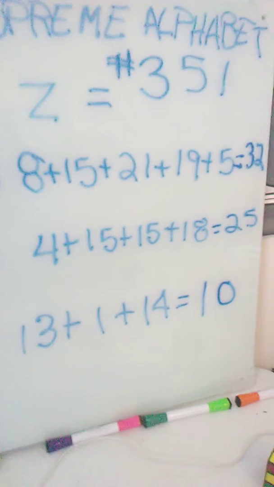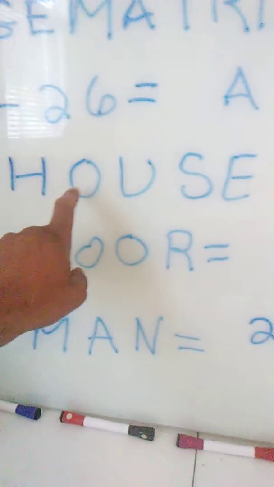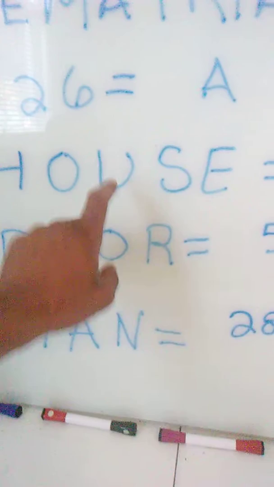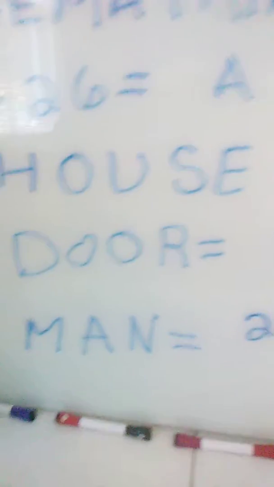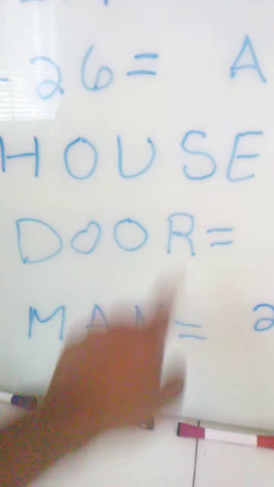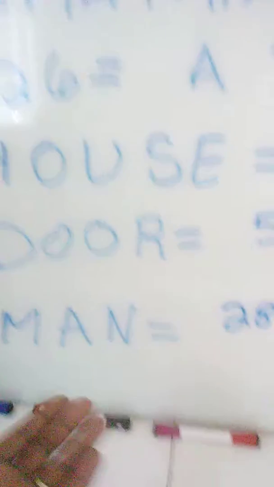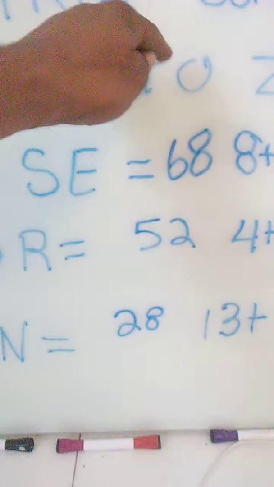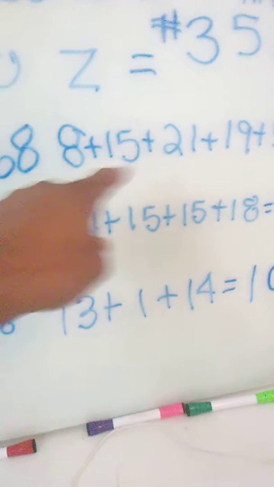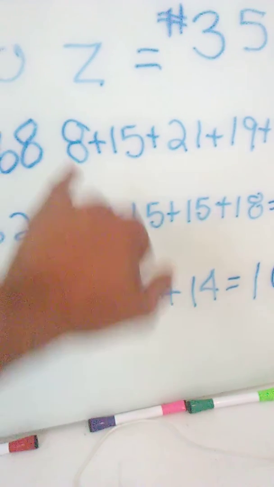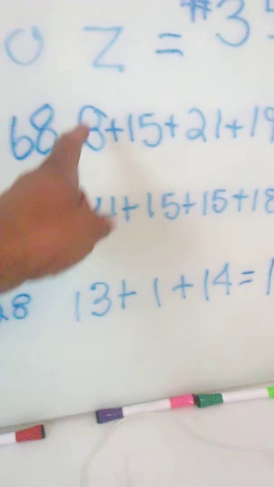Right. So now I want to introduce you to the reduced, right, gematria, where you take the double-digit letters, because the O is a double-digit letter, the U is a double-digit letter, the S is a double-digit letter, and the O, right, the R, the M, and the N. Those are double-digit letters, right? So the ordinary way, we got these numbers. So now let's reduce them. The 8, is a single-digit number.